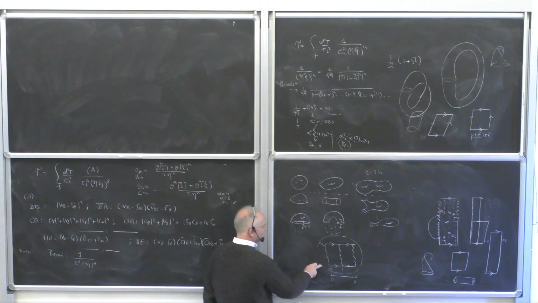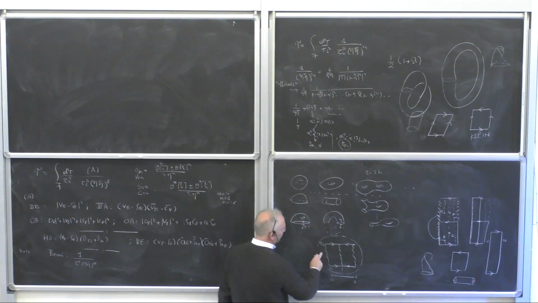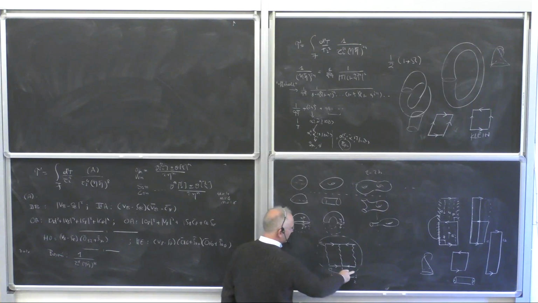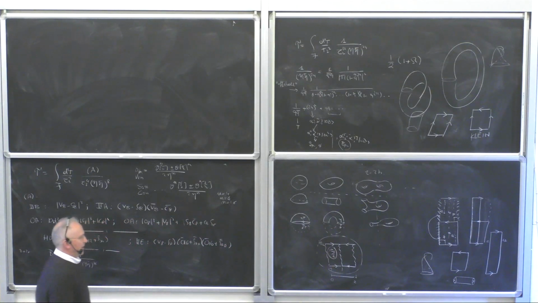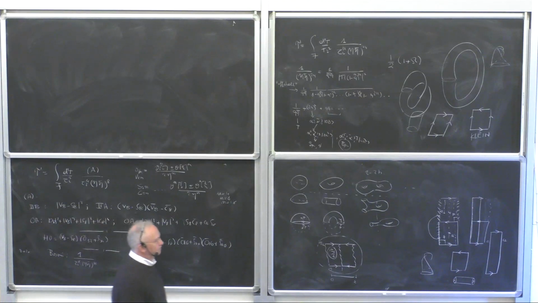The vertical size is i tau 2. So if you want to characterize the doubly covering torus by the ratio between the position of this point and the size of the horizontal side, this is a doubly covering torus characterized by i tau 2 over 2.